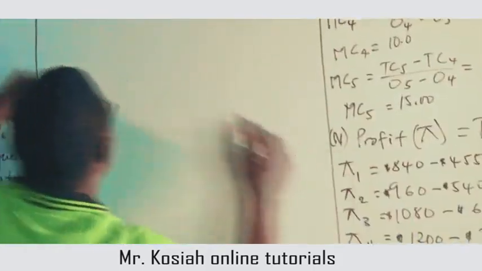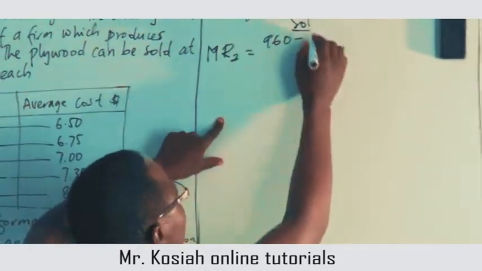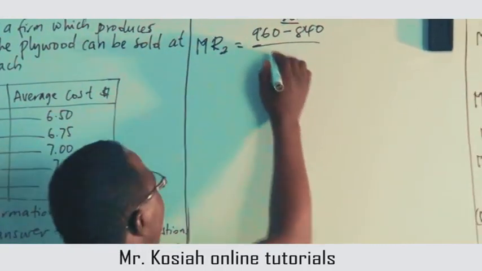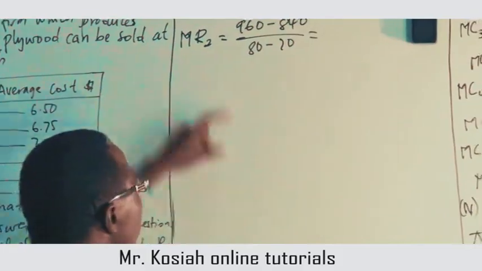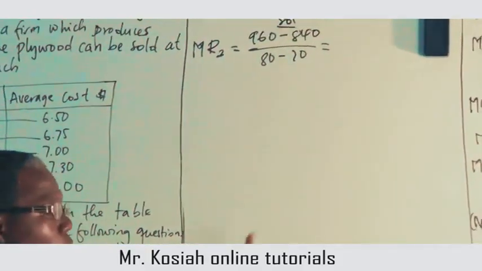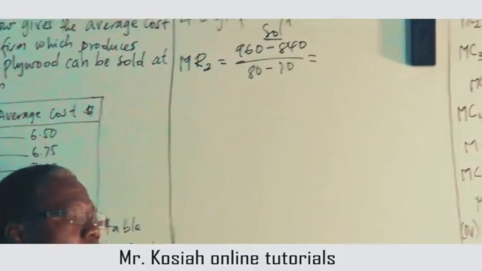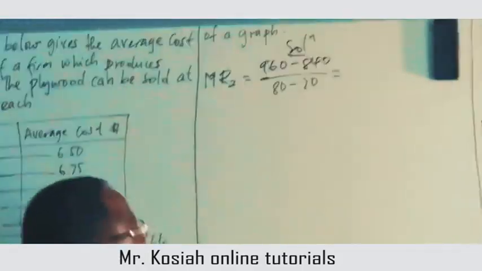So marginal revenue 2 is 960 minus 840 divided by, of course, 80 minus 70. We are testing. This is a test. We need to test until we find out where marginal cost and marginal revenue will intercept. At that point, that will definitely be the output.